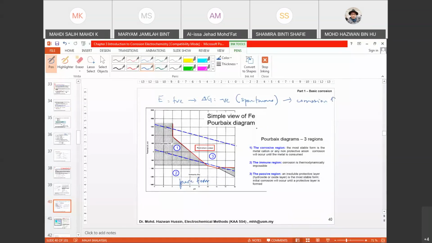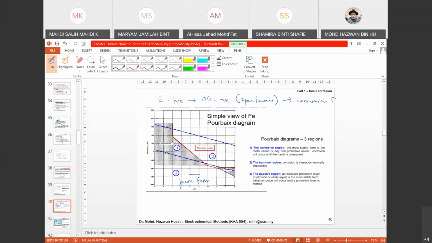Therefore, remember that anything with a more negative potential value during the measurement will indicate that the delta G value will be positive, and the corrosion will be less likely to occur, right?